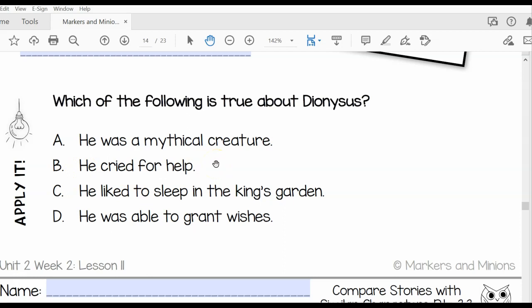He cried for help. No. Who cried for help? Midas. And the mythical creature was the little character, right? The little guy with horns? Okay. He liked to sleep in the king's garden. No. He was able to grant wishes. Yes. So this is the one that we would pick.